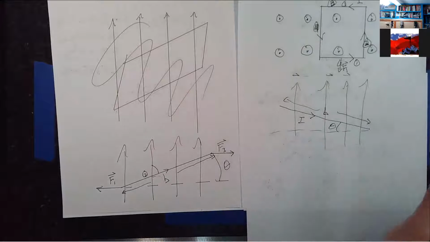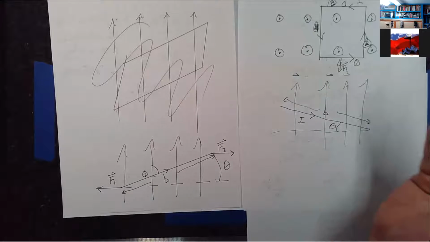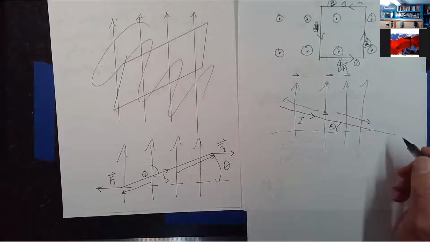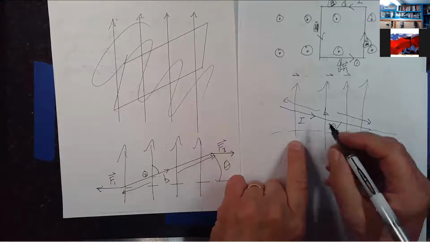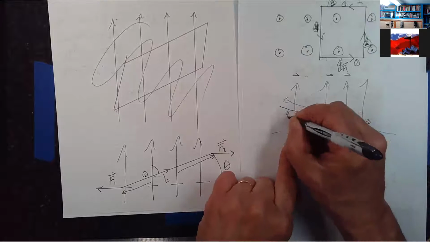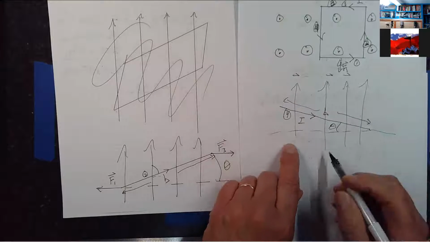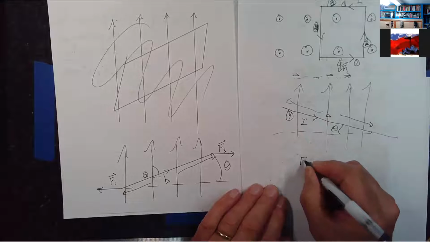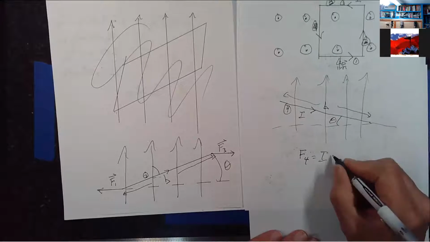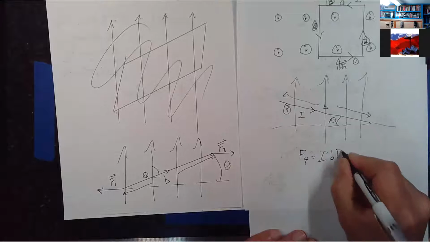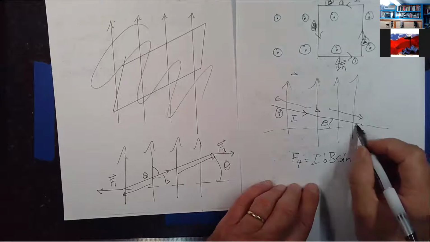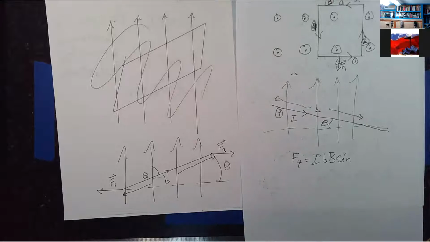So now I've got I little b cross whatever it is. This would be side 4, I guess, that I'm thinking about. The magnitude of F4 is going to be the current that's flowing in it, little b, capital B, and this time the sine of, what does that turn out to be?